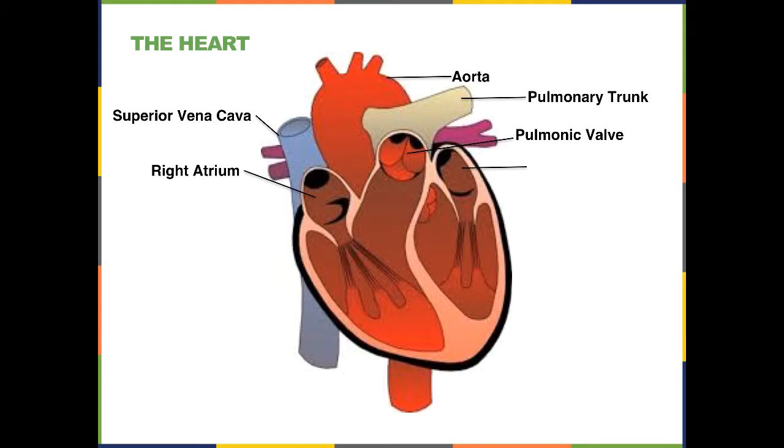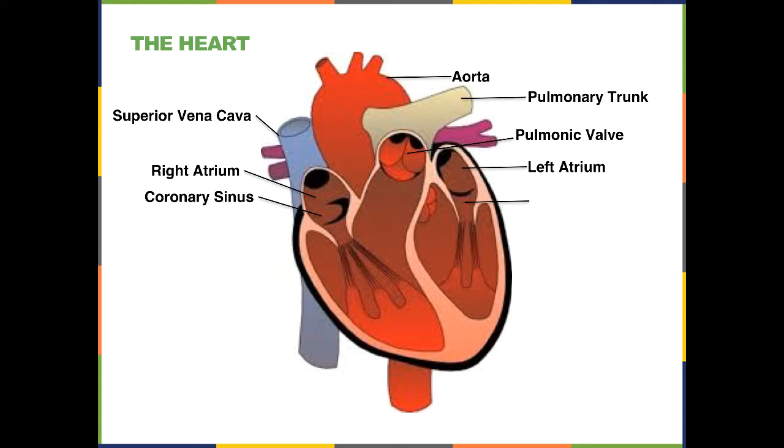The area of the heart that the pulmonary vein dumps its blood into is called the left atrium. The coronary sinus is the area that takes blood from the heart and puts it into the right atrium.